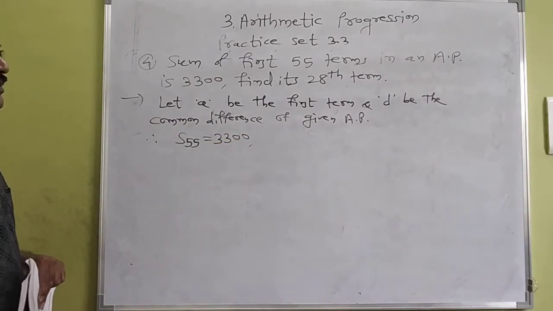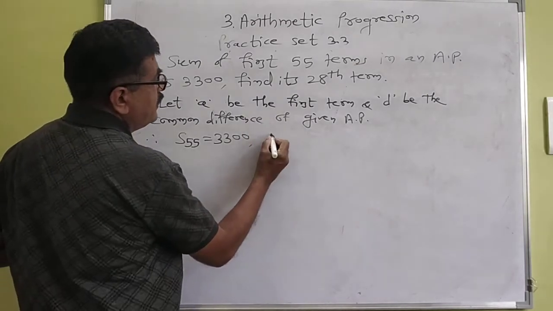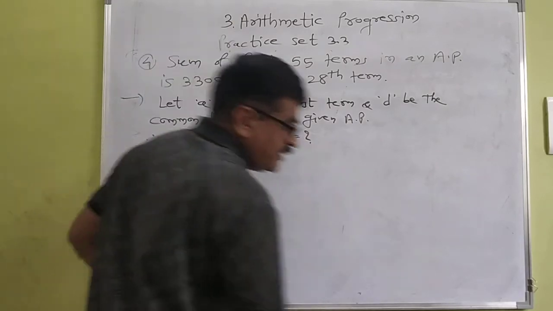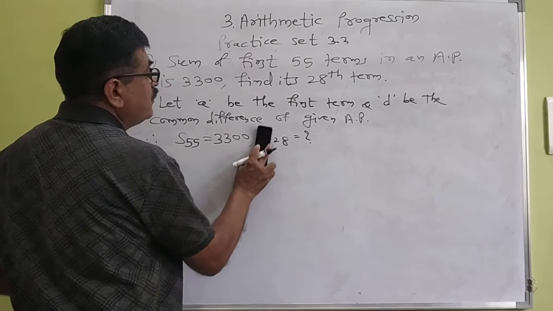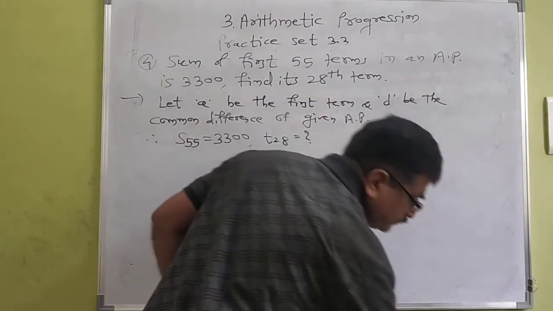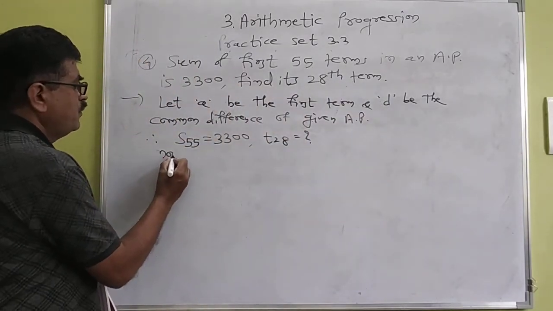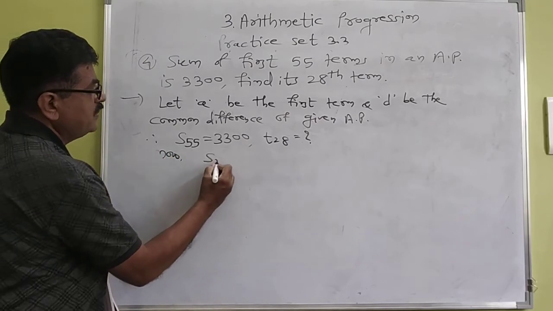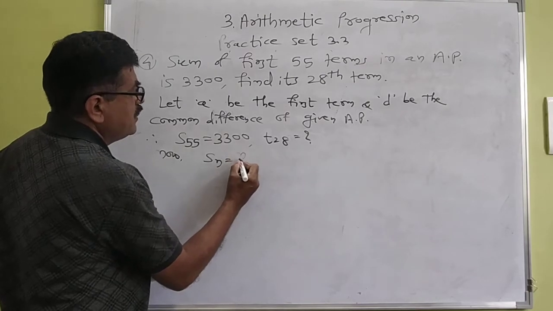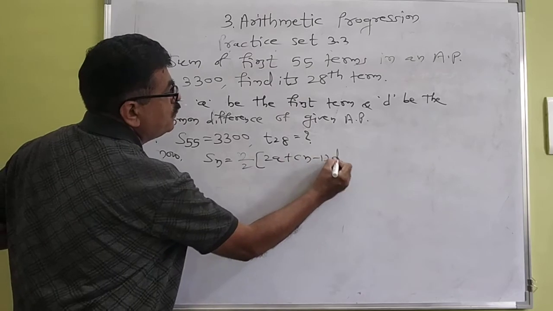We have to find its 28th term, that is the value of T28. Now, first write down the formula for Sn is equal to n upon 2 into bracket 2a plus n minus 1 into d.